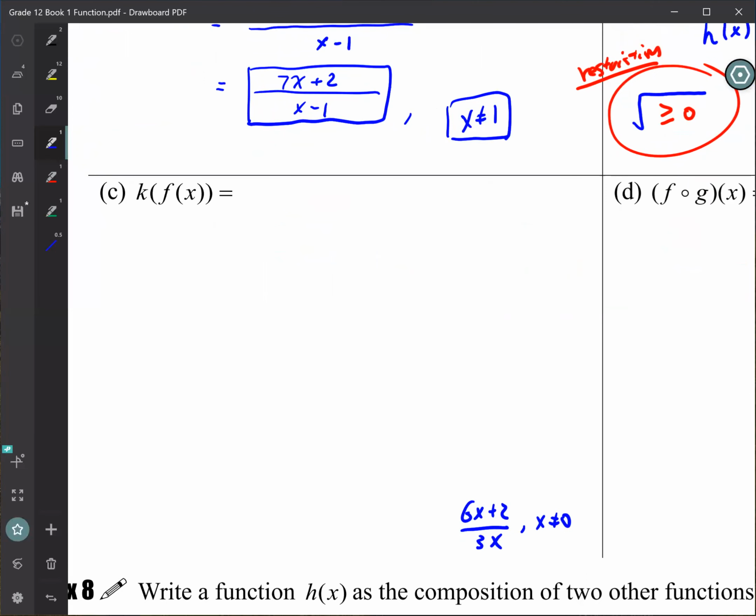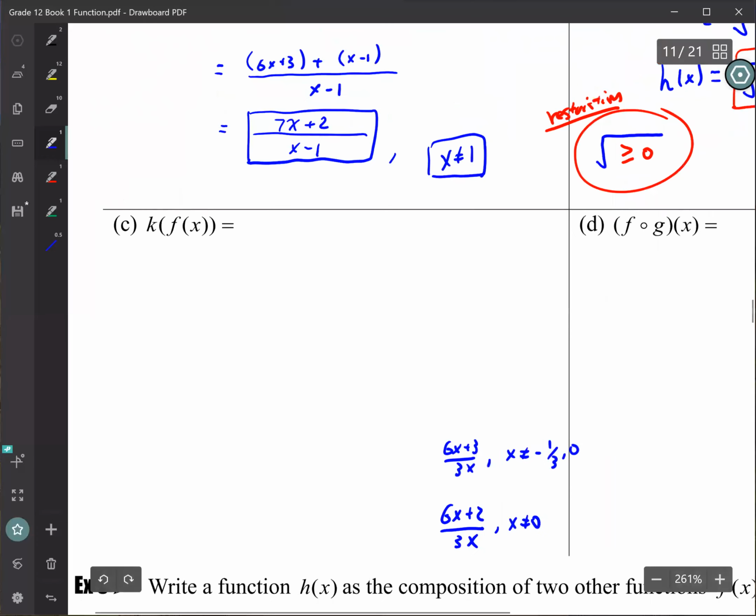I got 6x plus 3 over 3x. And restrictions? And x cannot be negative 1 over 3. Okay. Oh, wait. And 0. Both, I guess? Okay, I guess so.